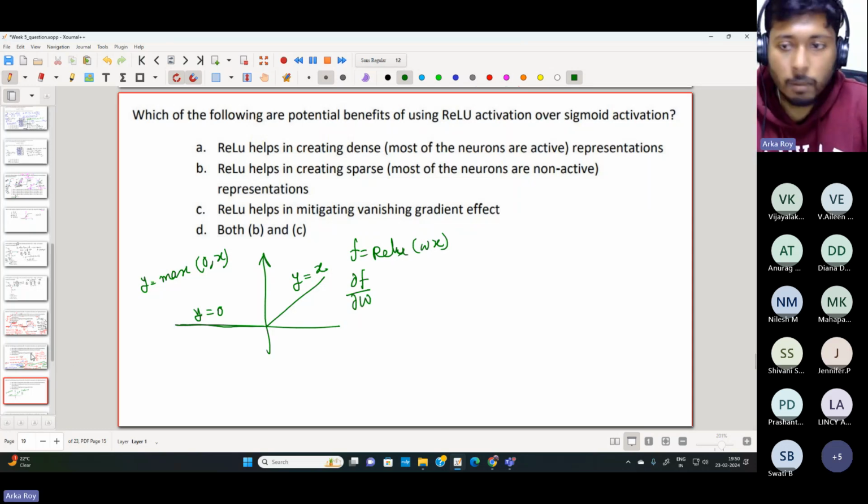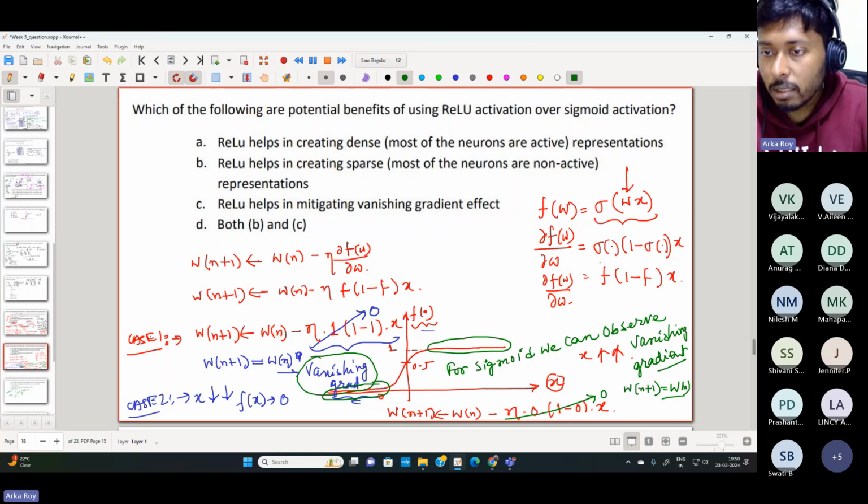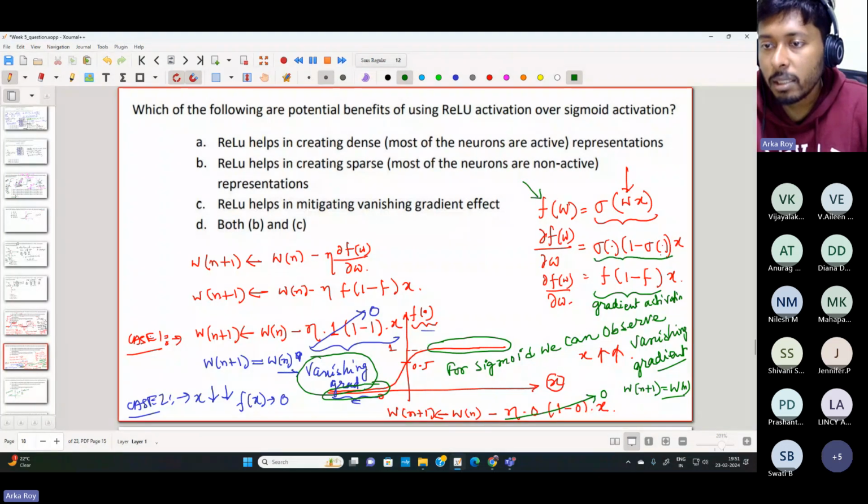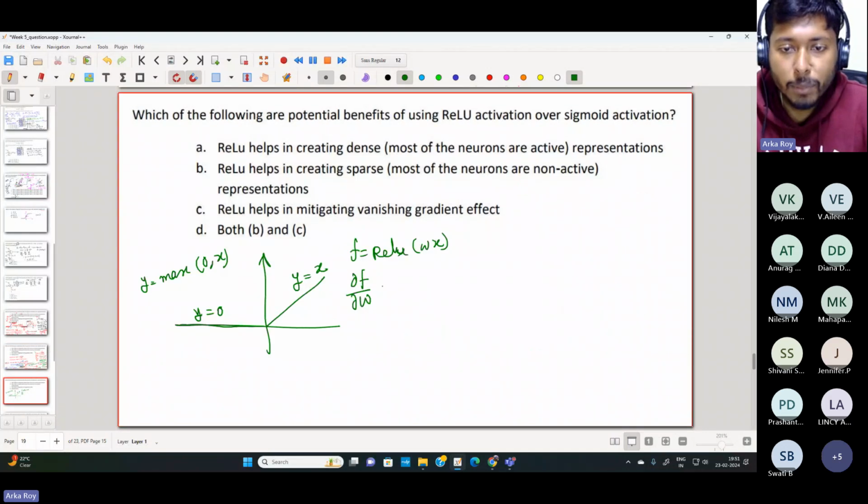So first thing is what? First thing is the gradient of the activation function. From this particular equation, we have seen that if I take the gradient of this function with respect to w, what comes first is the gradient of the activation function. Then we take the gradient of the argument. So over here also we'll get the same thing.